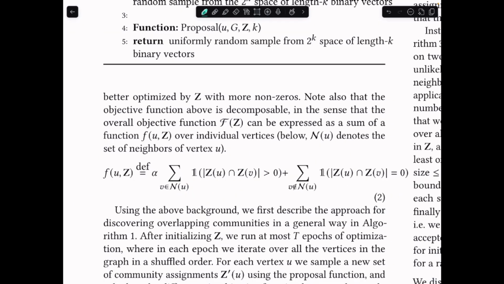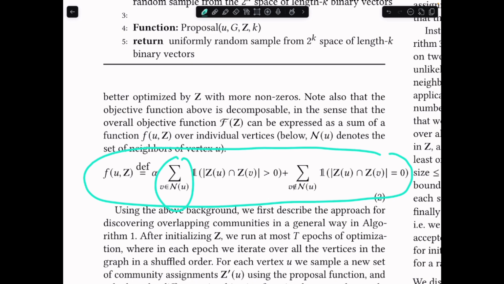That objective function is actually decomposable, so you can calculate it for each node. The idea is that for each node, you look into all the neighbor nodes and calculate the overlapping communities of this node versus its neighbor nodes.